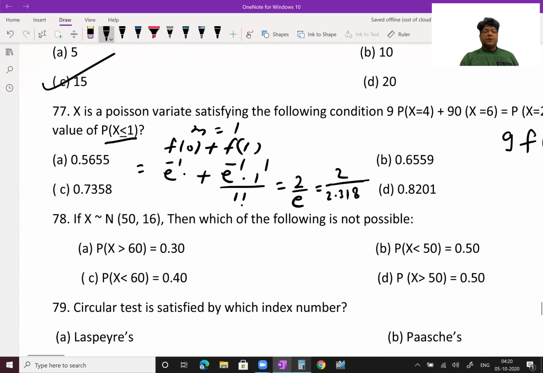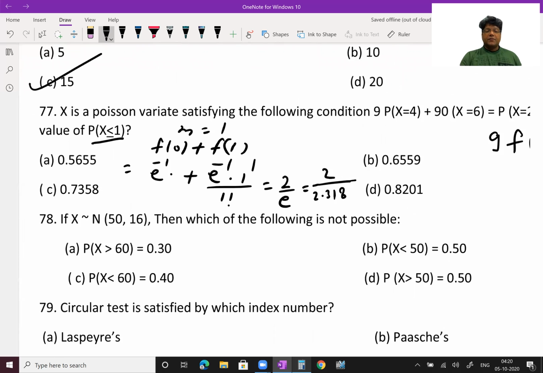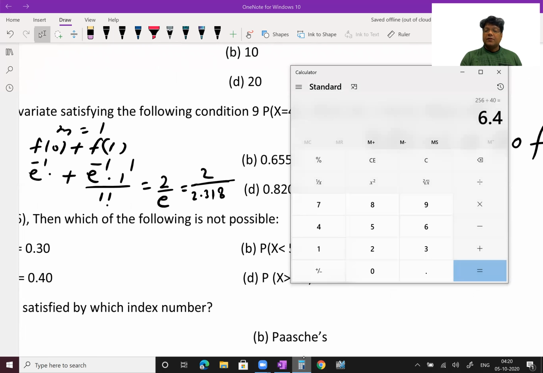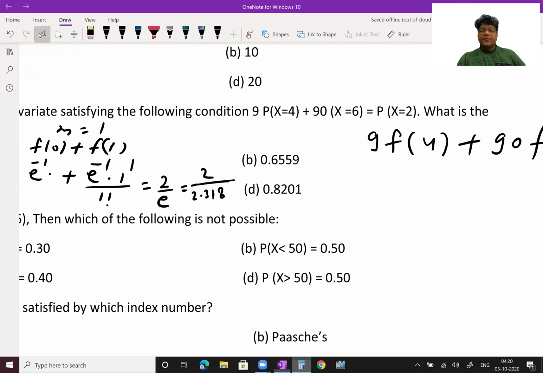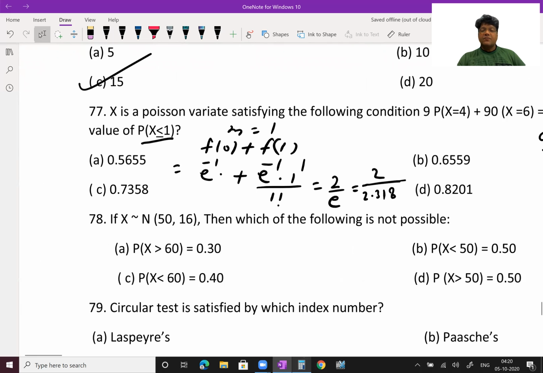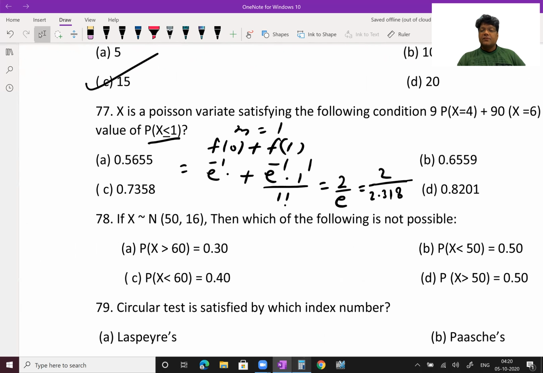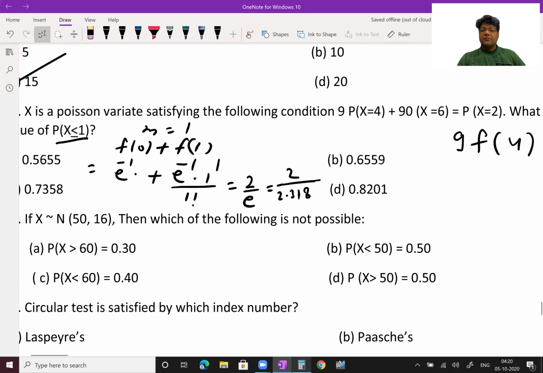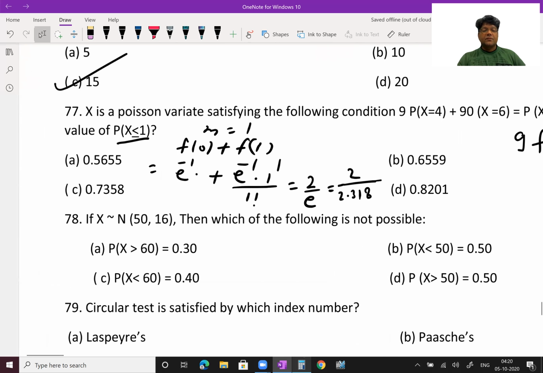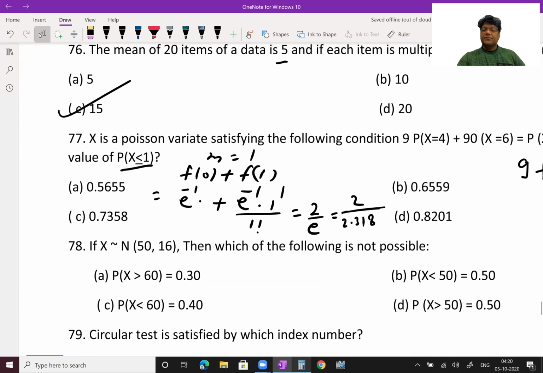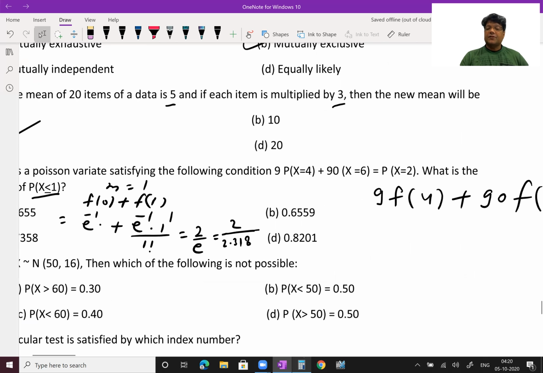Now use the calculator. 2 divided by 2.318 is equal to 0.8628. No option. Wait, check the calculation.